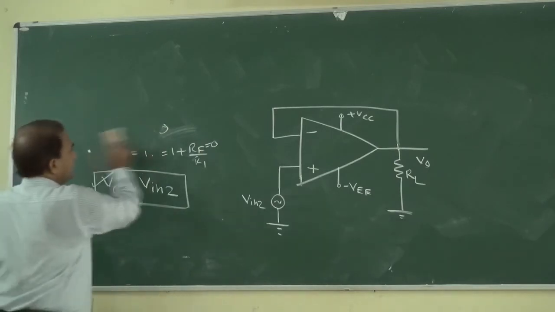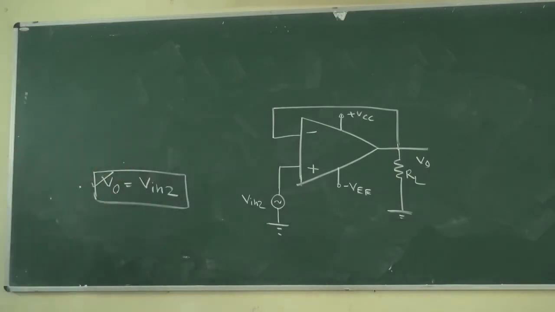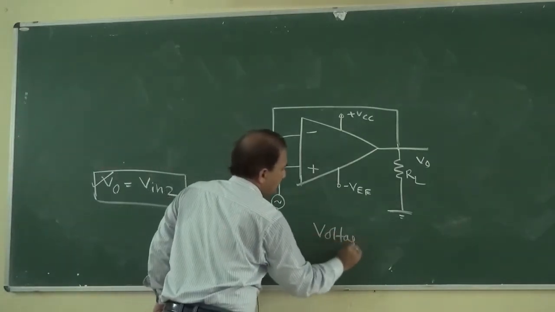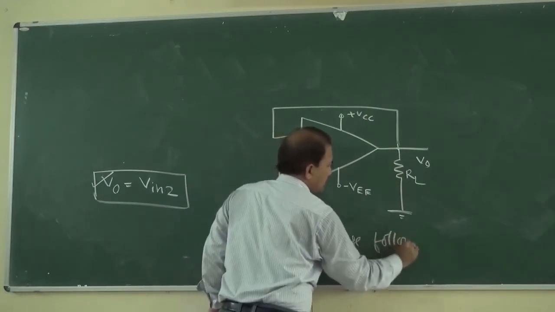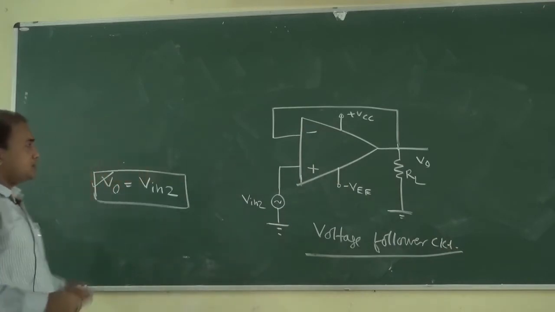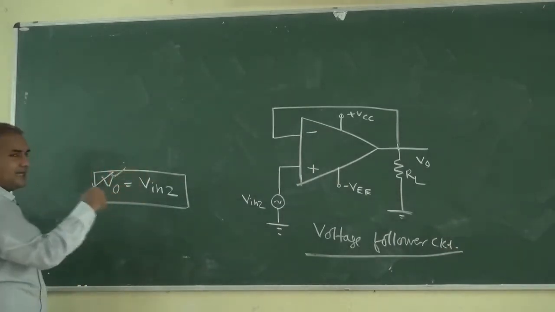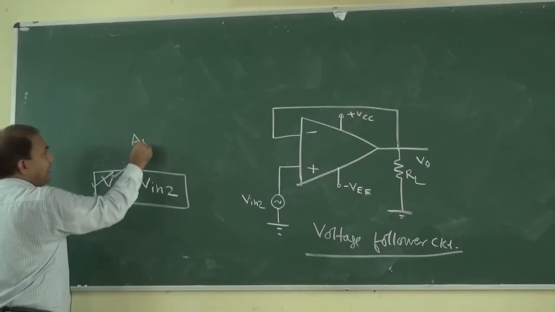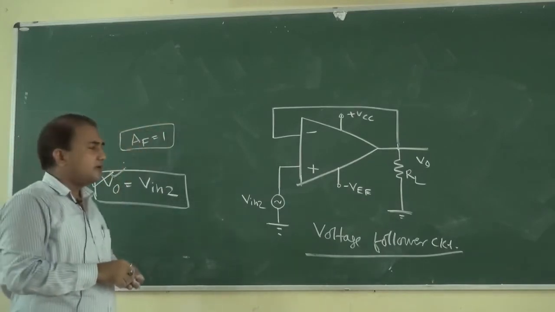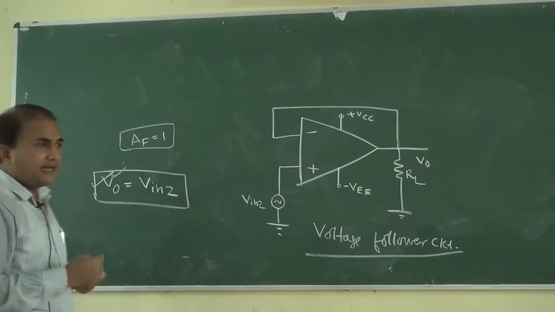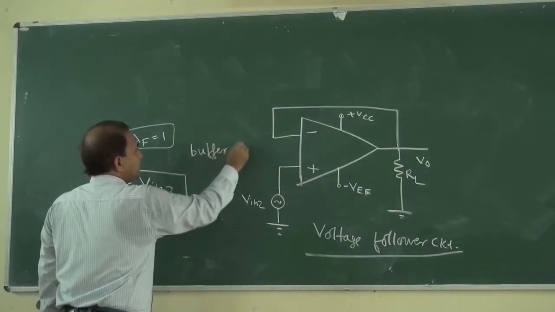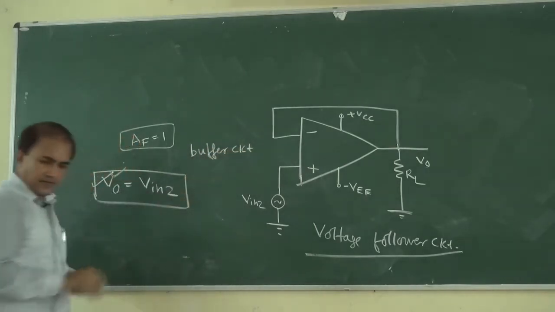So this circuit is a voltage follower circuit. So V output is equal to V in, and AF is equal to 1 for a voltage follower circuit. So this voltage follower circuit can be used as a buffer circuit.